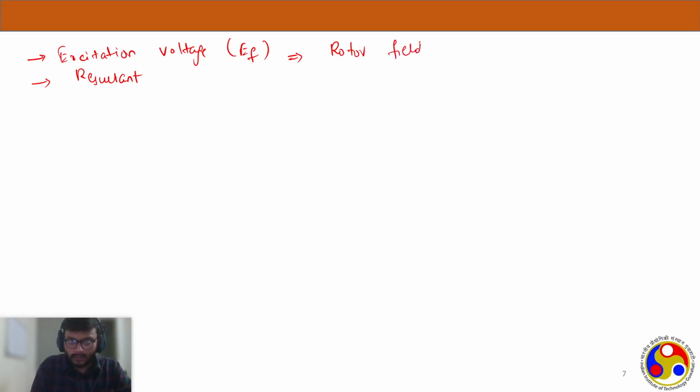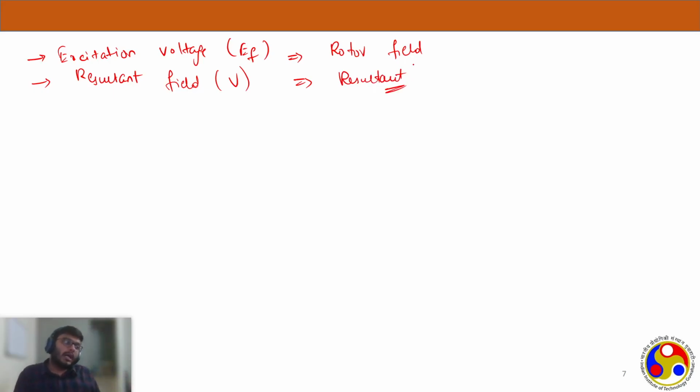We know that it is the rotor field, and whatever resultant field we are getting is for V. Now my resultant V is more than my excitation. So it means that the amount of excitation you have given is less when compared to the resultant.